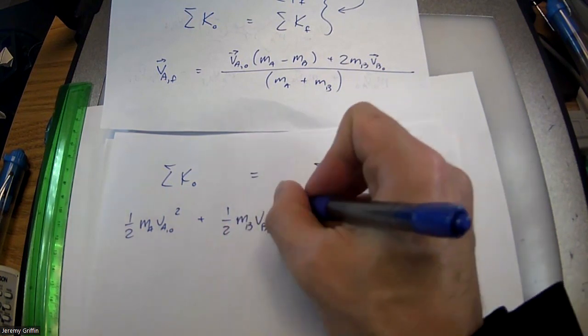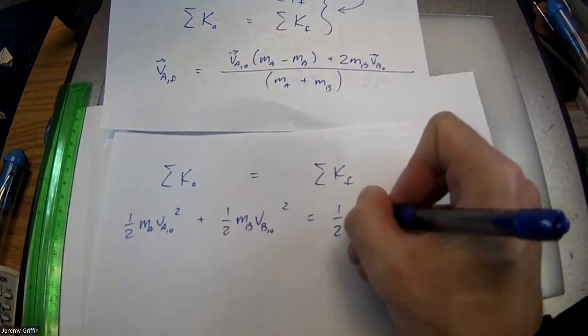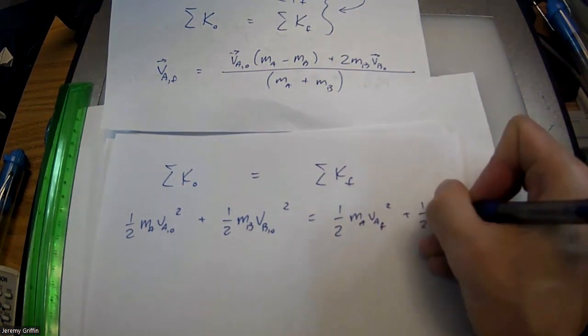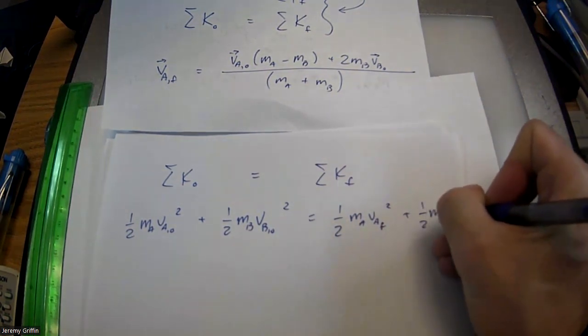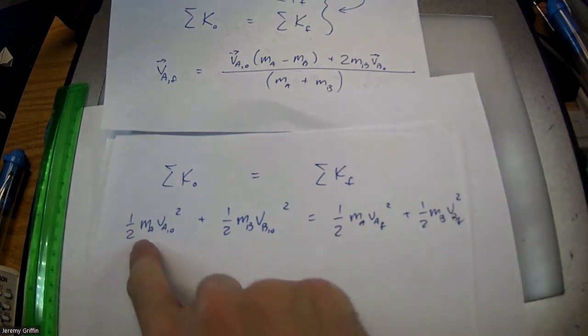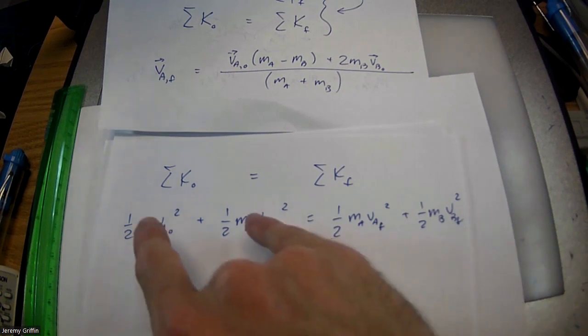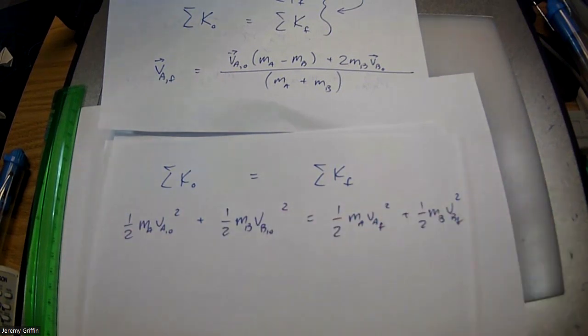Is that what you guys were thinking? Right, all the 1/2 mv squared bits have to equate before and after, right?